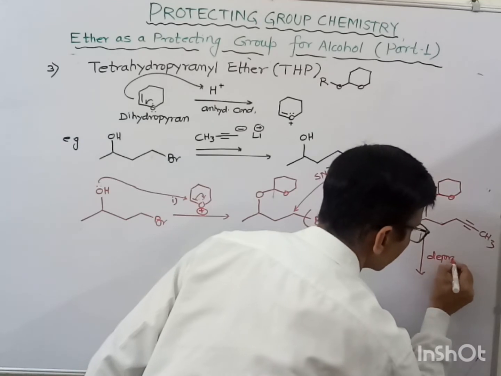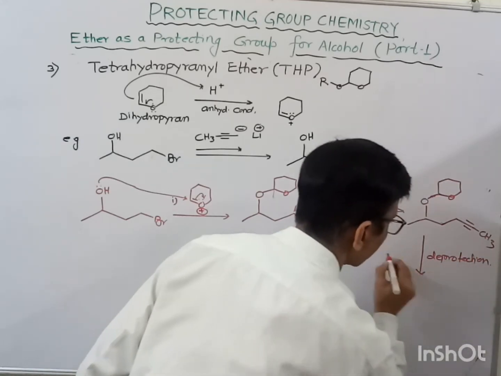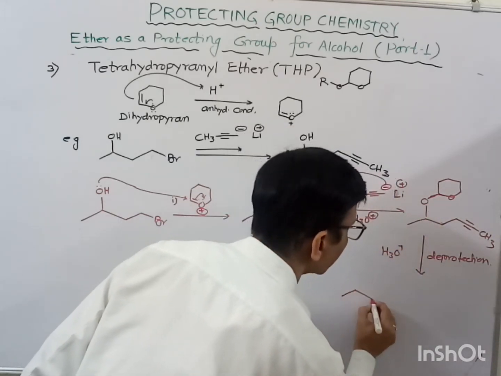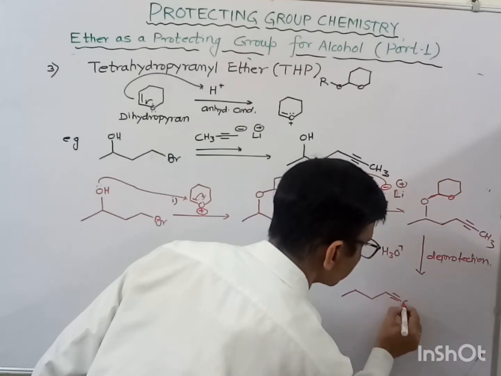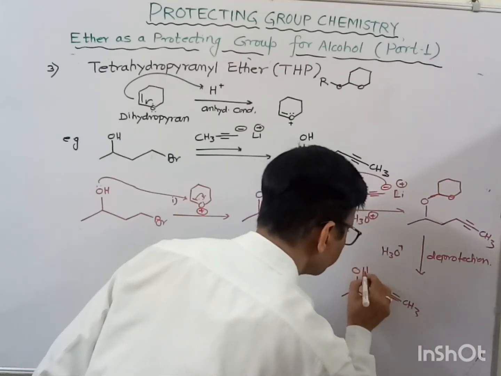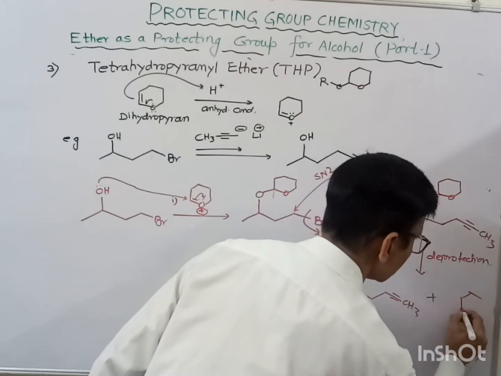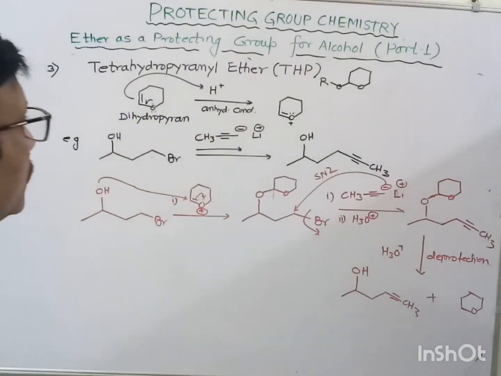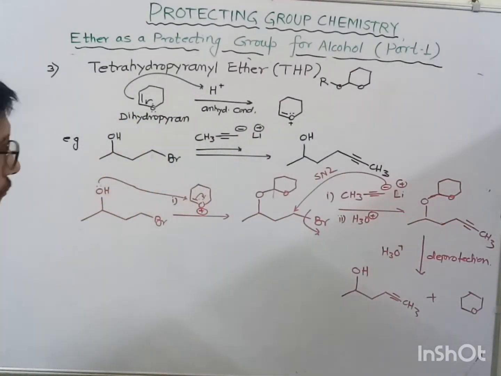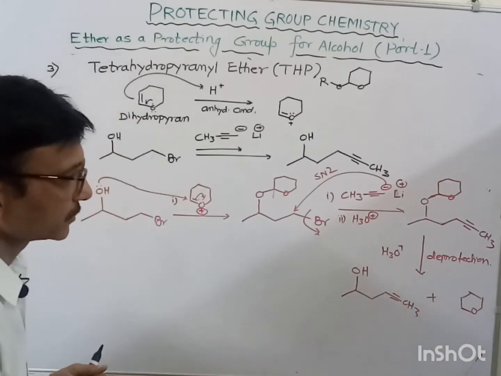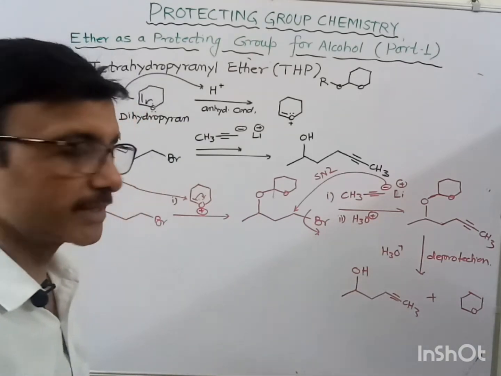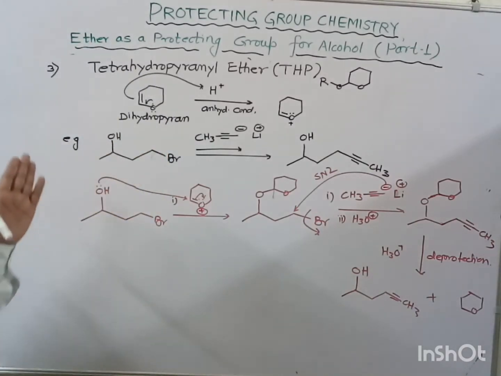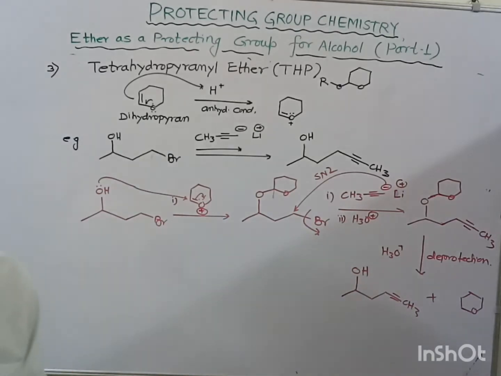Deprotection can be done using acidic condition, so it may be deprotected in this way. So this is about THP as a protecting group for alcohol.